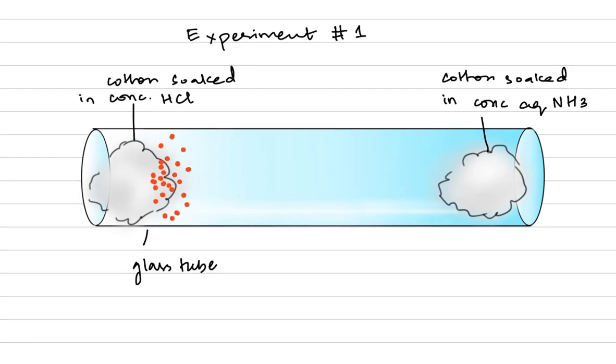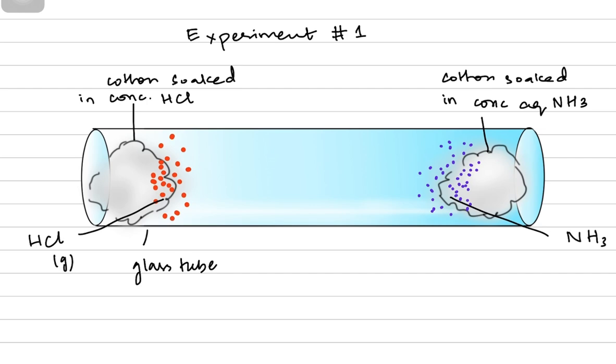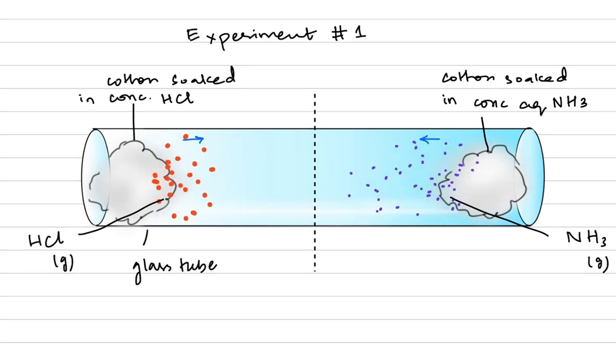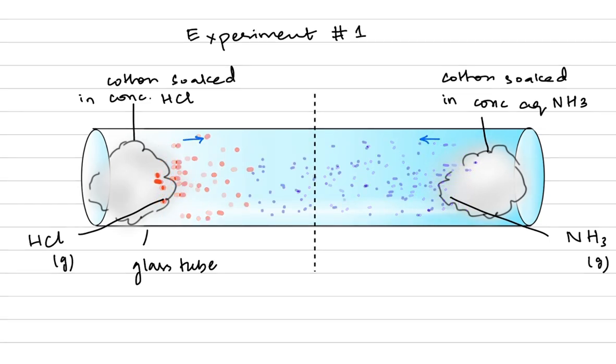Now, concentrated HCl starts to release the fumes of HCl, and concentrated aqueous ammonia releases the fumes of ammonia gas. These are HCl molecules on the left hand side, which are gaseous, and ammonia gaseous particles are on the right side. Obviously, because of the concentration difference, the HCl particles are going to move towards the right side and ammonia particles are going to move towards the left side.